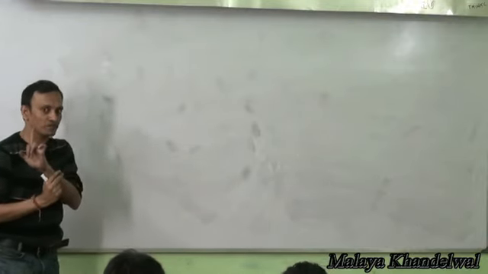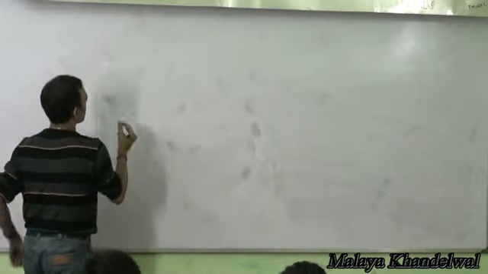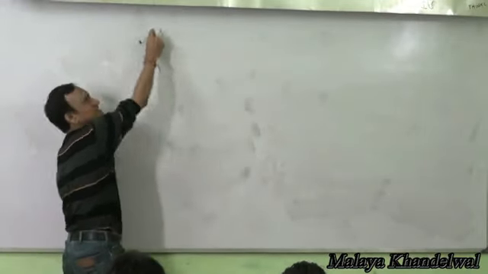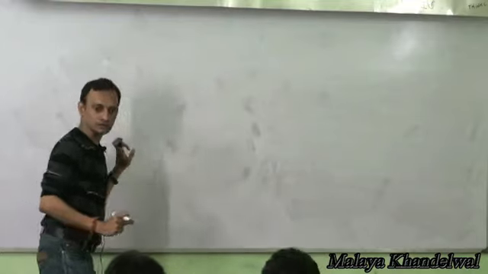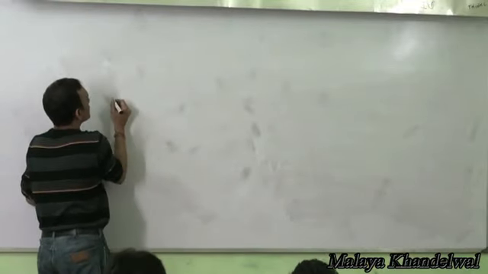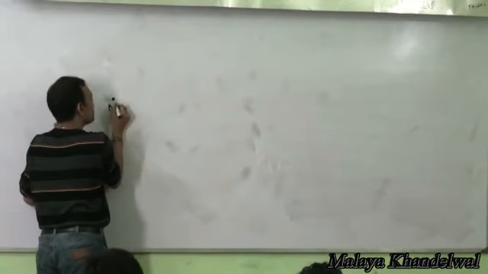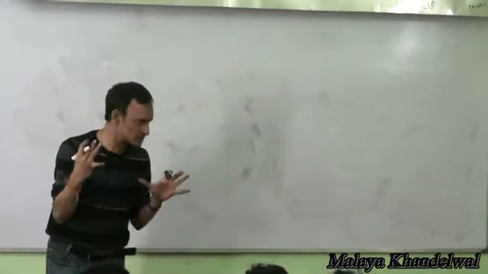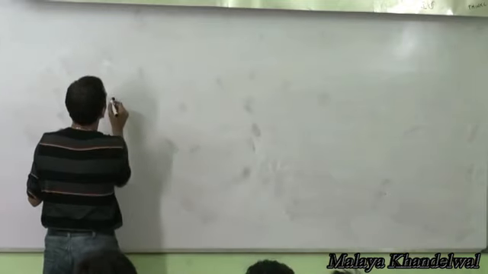Now, in an elliptic path, I'll just draw the ellipse like this because it's inconvenient to draw it the other way. Let's say there was a fixed mass replaced by a point mass capital M, right?